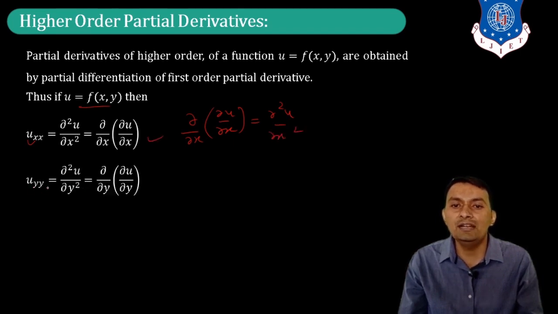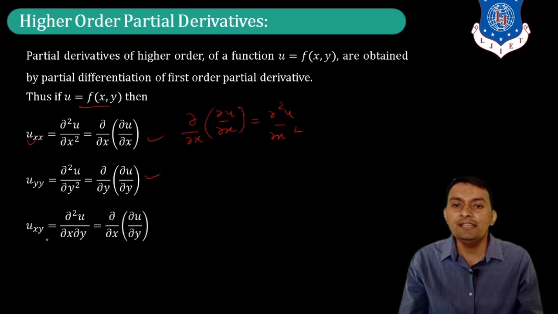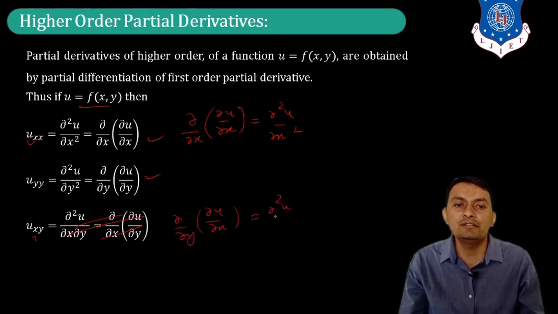Suppose you want to determine uyy, and that is clearly the partial derivative with respect to y two times, and that is going to be the same. If I consider uxy, in that case I have to assume first the partial derivative with respect to x, and later on del by del y, and that is going to be del square u divided by del y del x, and that is uxy.